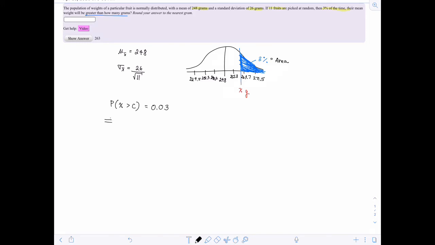Right? So when we're trying to find the value given an area, that C is equal to the invNorm of the area 0.03, comma mean, comma the standard deviation with respect to the sampling distribution, and the labeled area to the right. So we can go ahead and go to our calculator for that.